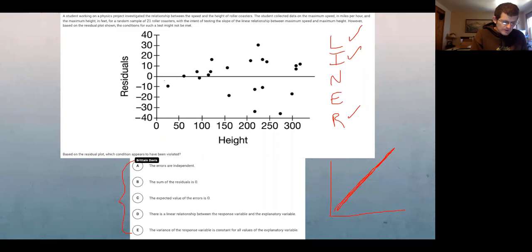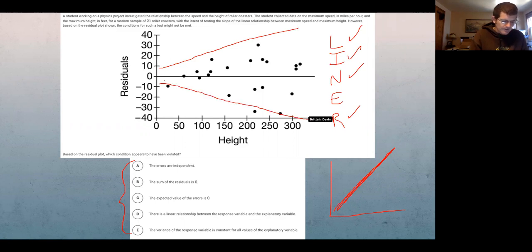So just to answer the question, what appears to be going on, and hopefully you can see this, is that it looks like this is widening out just a bit as we go from left to right. And this would be, at least in some small way, a violation of equal variance.